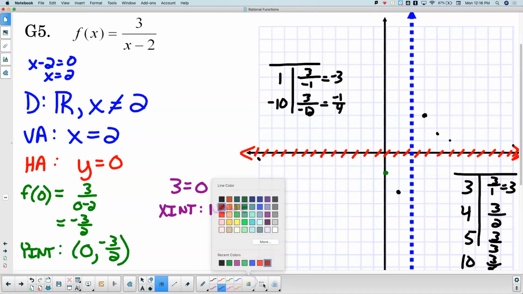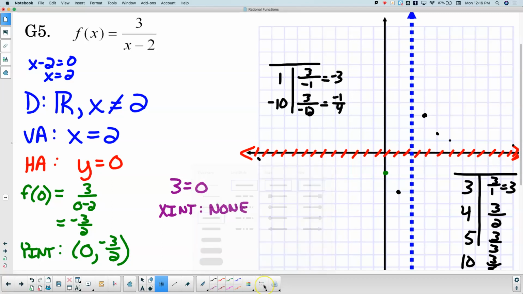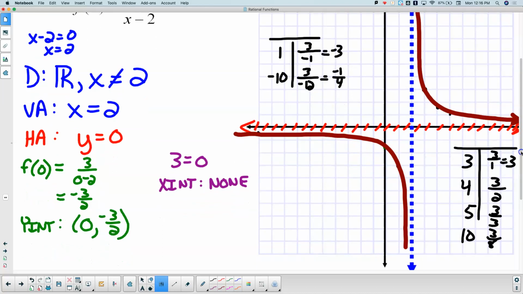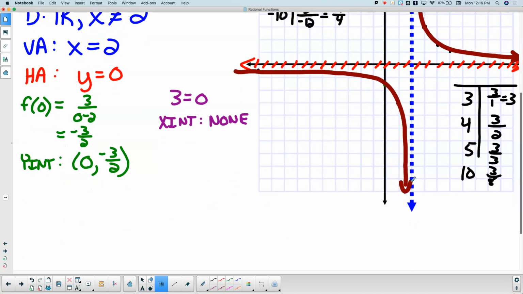That then allows me to draw it in. And that then allows me to say as my end behavior, actually here, let me move this over here.